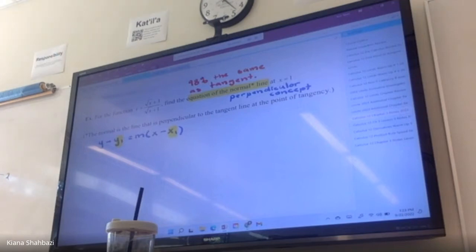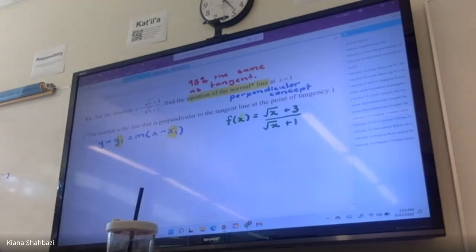And we know that f of x equals the square root of x plus 3 divided by the square root of x plus 1. And anytime we see an x here, the x's will change to what? 1. Right. So the top is going to be 4, the bottom will be 2.